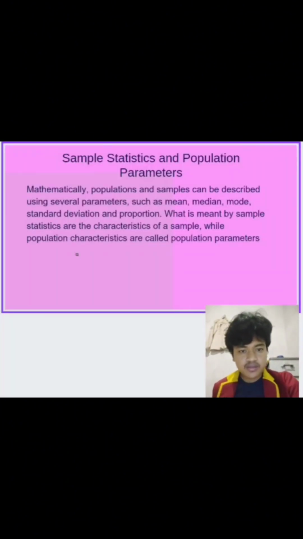Sample statistics and population parameters. Mathematically, population and samples can be described using several parameters such as mean, median, mode, and standard deviation.